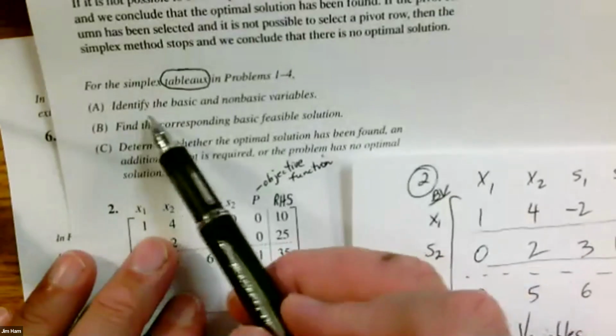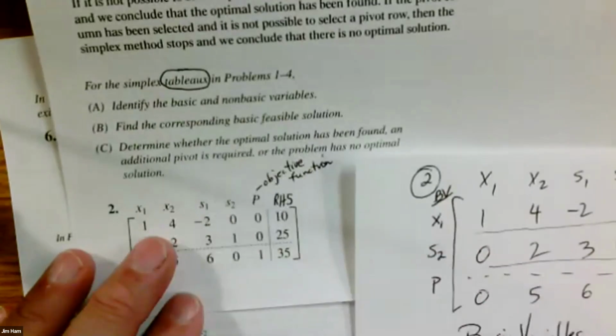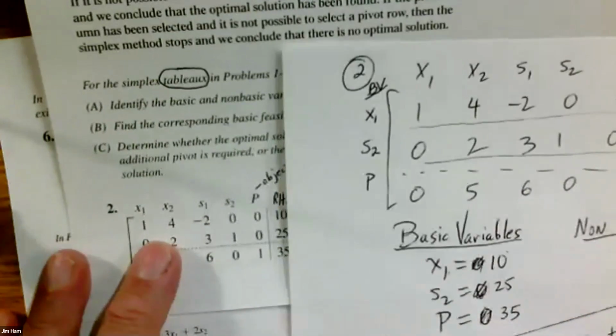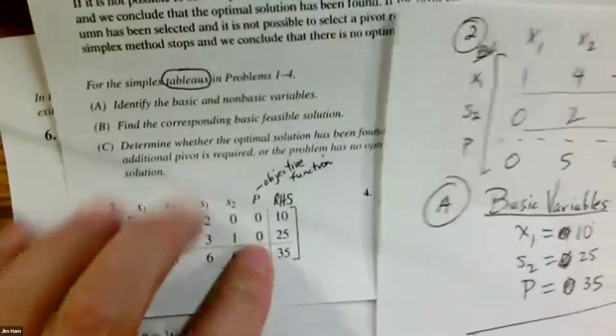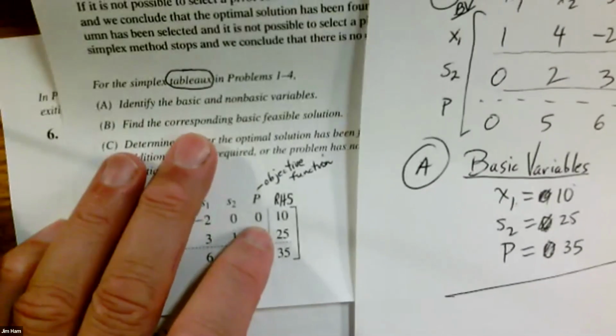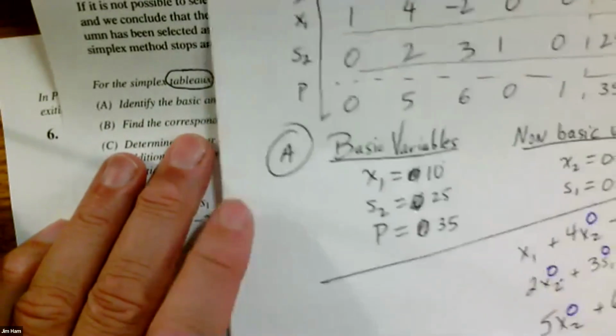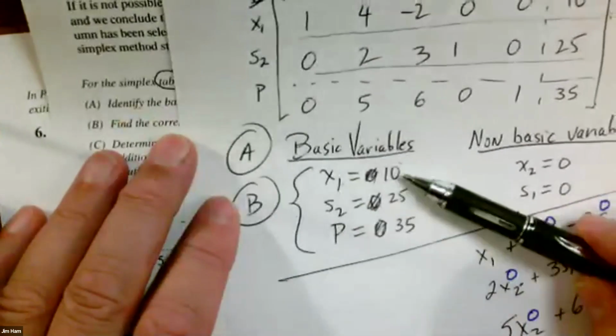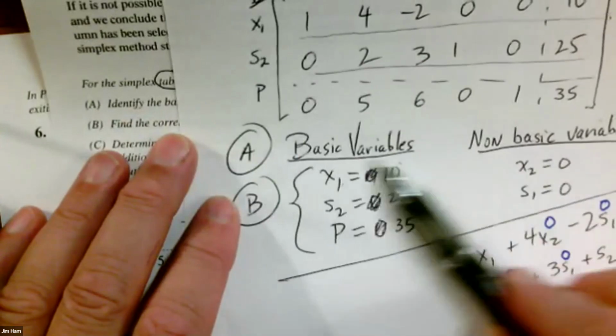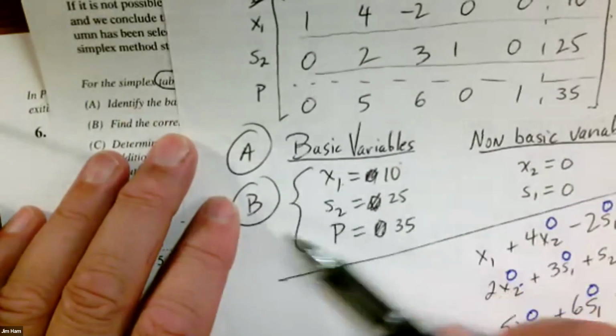All right, so identify the basic and non-basic variables. We've done that here. Find the corresponding basic feasible solution. Well, here it is. When you identify the values of all the variables, here's the basic solution.